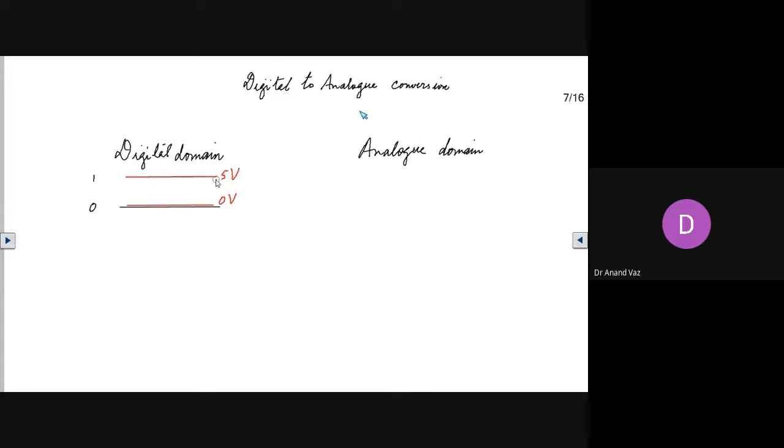The present trend is to try to reduce this voltage that corresponds to 1, so you have systems working on less than 5 volts in modern mechatronic systems. But you're either switching between 0 or 5 volts, or between a low and a high.